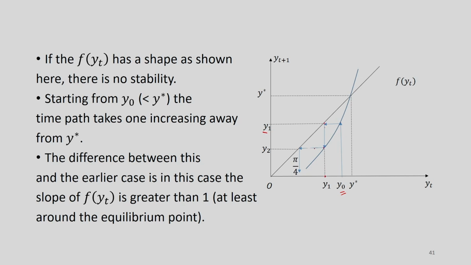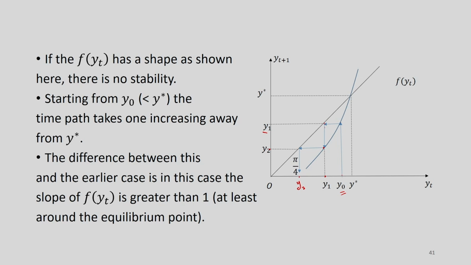So, as you can see, y0 was here, y1 is farther away from y star, and y2 will be even farther away, and so we are actually going away from the intertemporal equilibrium value of y. Starting from y0, the time path takes one increasingly away from y star.